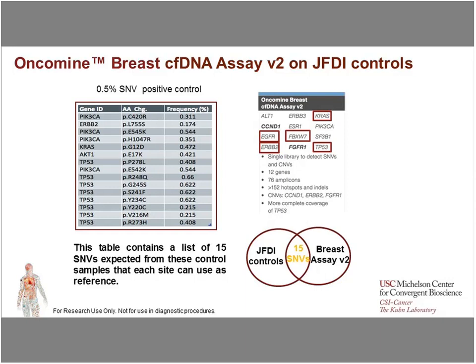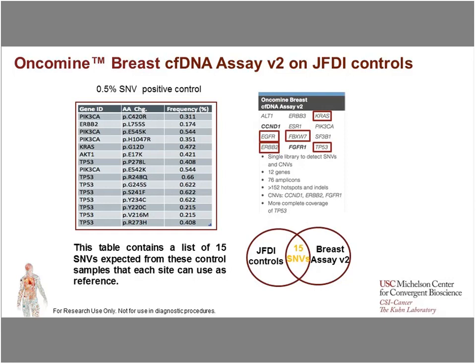So among the 4 reference samples, 3 of them contain the same 115 engineered variants at 1%, 0.5%, and 0.1% frequencies. And among these 115 SNV candidates, 15 of them are covered by the design of breast cfDNA assay V2.